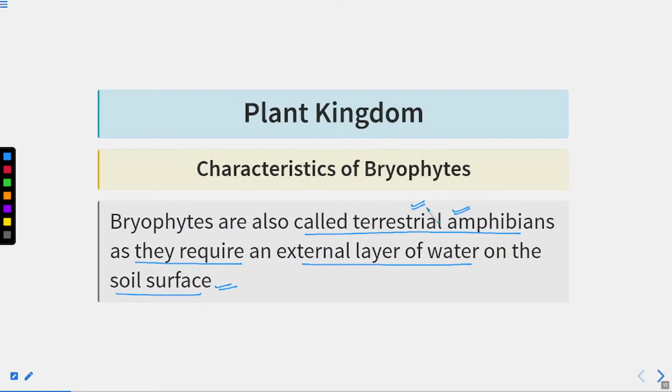The animal can live both on land and in water for its survival. In the same way, this particular plant, bryophytes, require land as well as water, right? So that is why it is called amphibian.